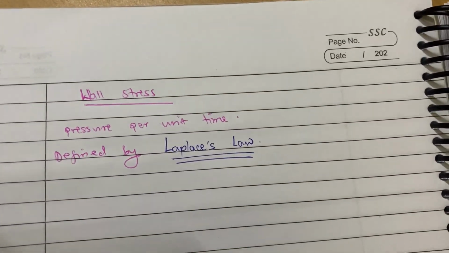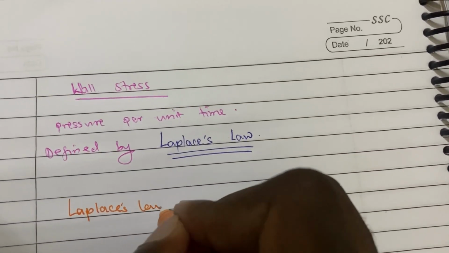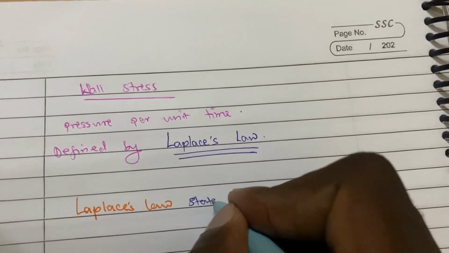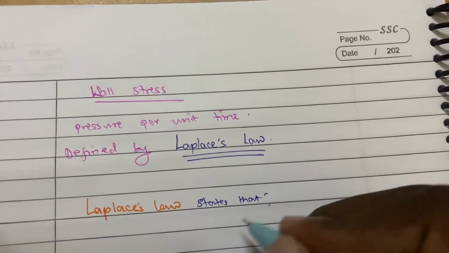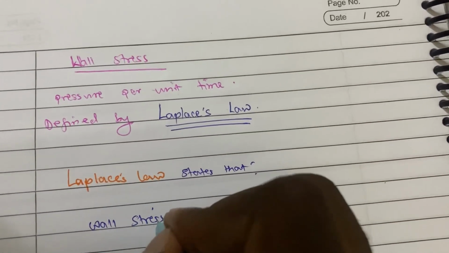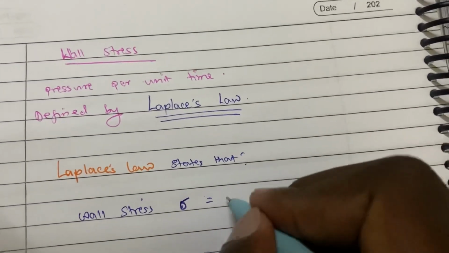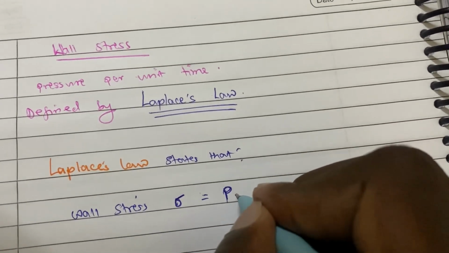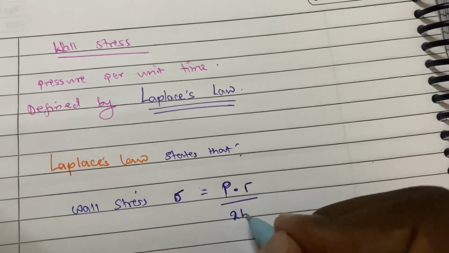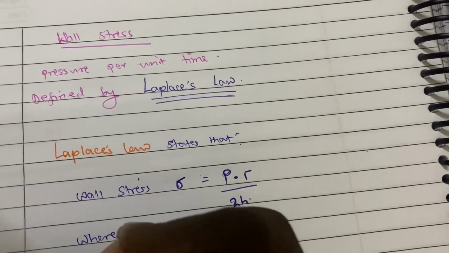Laplace's law states that wall stress, which you can give the symbol sigma, is directly proportional to pressure times radius over 2 times thickness, where we define each term.